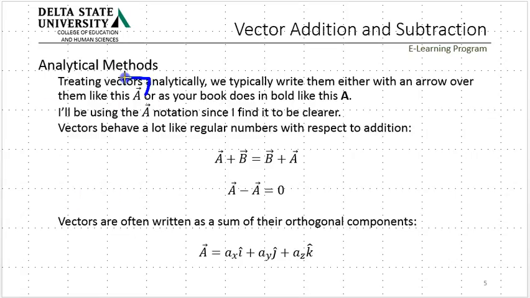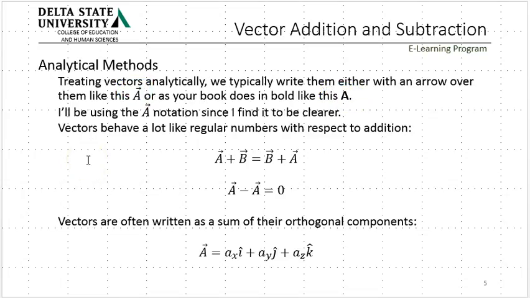Some books, I prefer putting the little arrow over the top, like I've done here with A and B. I prefer the little arrow because it makes it clear to me that that's a vector, since it's got something on top pointing, and I want a quantity that points in a direction. Some books make vectors bold, with a bold font to indicate that it's a vector. In my notes, I'm always going to be using a little arrow on top, just because that's my preference.